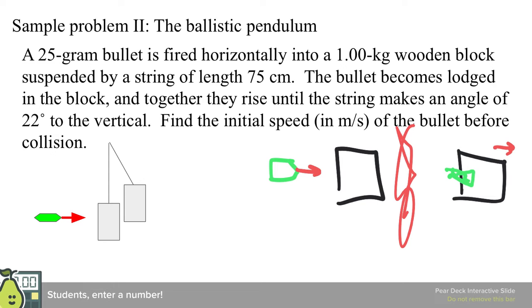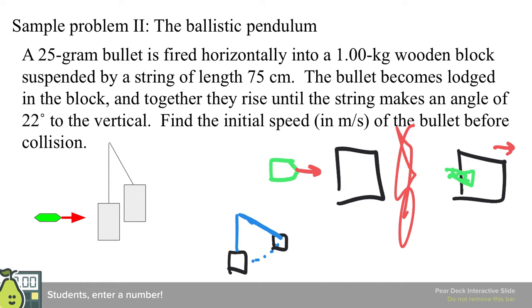But after that happens, and the collision is done, which remember happens very, very quickly, the block has not moved significantly. After that, the block is just a thing which is at the bottom of a string and has a given kick at the bottom, and it will swing up and come to rest, and that's probably most easily modeled as an energy problem. The thing goes up to some angle. My angle is certainly not 22 degrees, but that's not relevant for the picture.